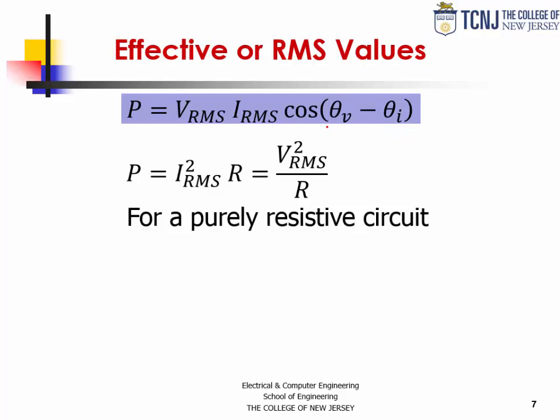Of course, again, if the circuit is purely resistive, then this cosine term will be 1, and we have that the power for the resistive circuit is simply the RMS current squared times the resistance, or the RMS voltage squared divided by the resistor.